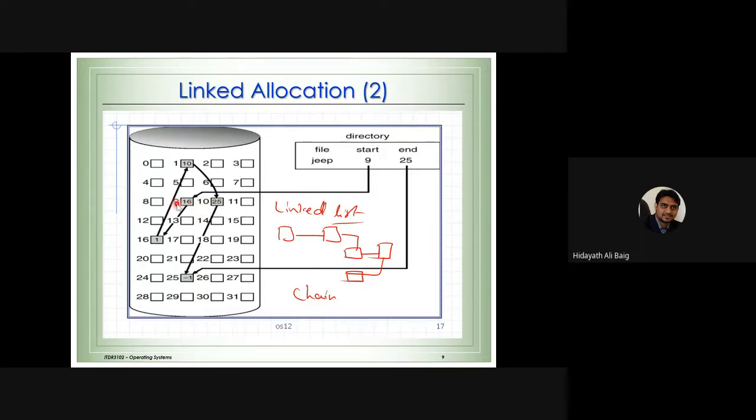The block number starting with 9, the next block of this is block number 16. Sorry, it's 16. And the next block is block number 1, then block number 10, and then the last block is block number 25. So this is the directory which contains the name of the file, the starting block of the file, and the end block of the file.